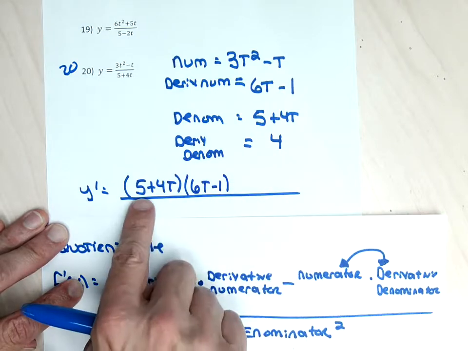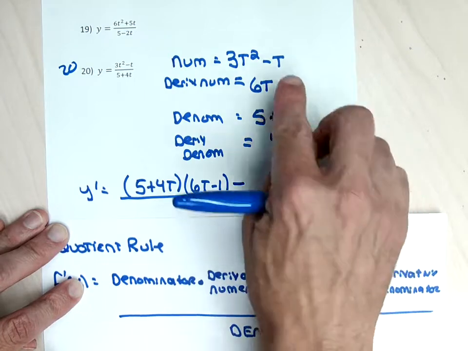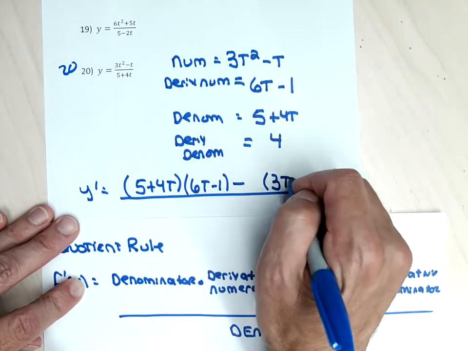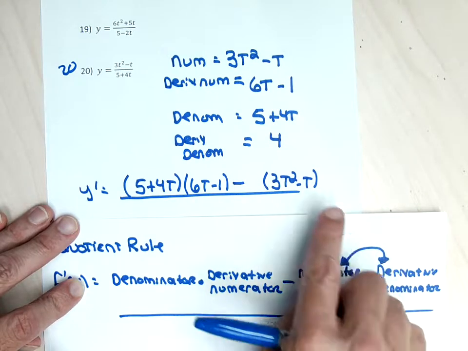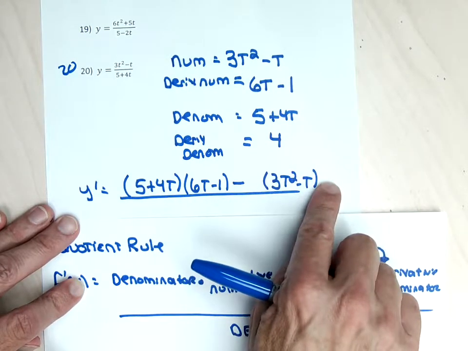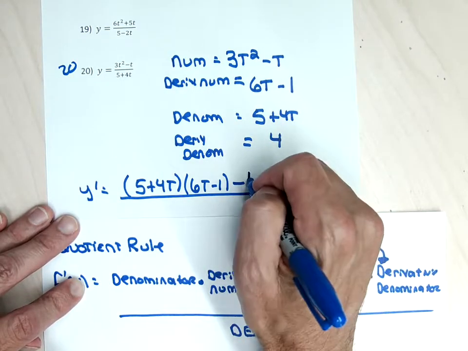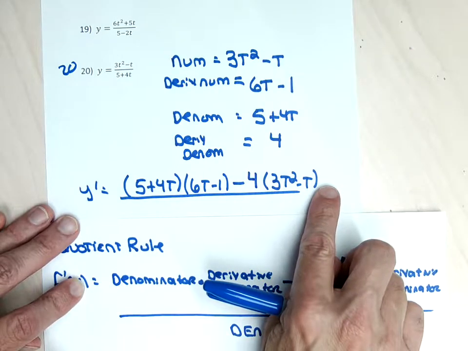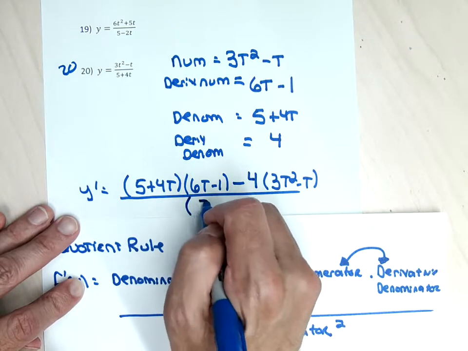So that's denominator times derivative of the numerator, and then minus numerator 3t squared minus t times the derivative of the denominator. This is where the 4 I could write after the parentheses, but this is where I flip-flop it sometimes, and I'm going to write that 4 before the parentheses as opposed to after the parentheses. It's going to make it easier to simplify. And then all over the denominator squared.